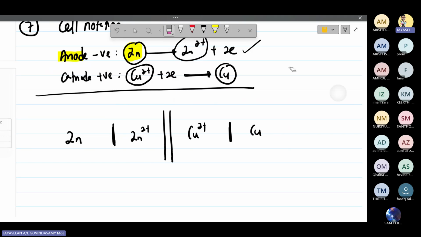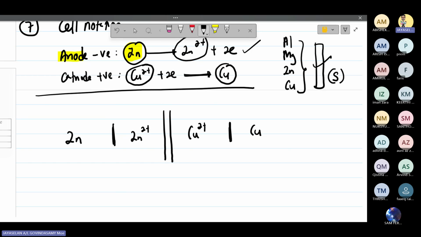And please remember, when you see 1 capital 1 small letter, all of these exist as solid. The electrode, the rod. You chose a rod, right? The rod is solid, right? When you see 1 capital 1 small, you put S for solid.